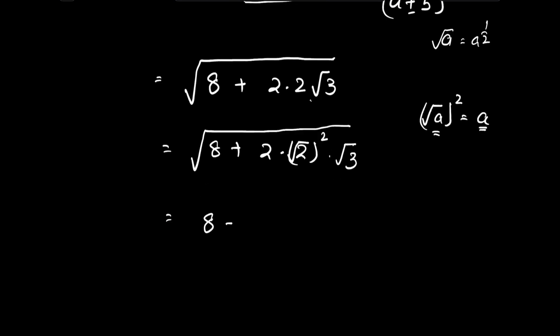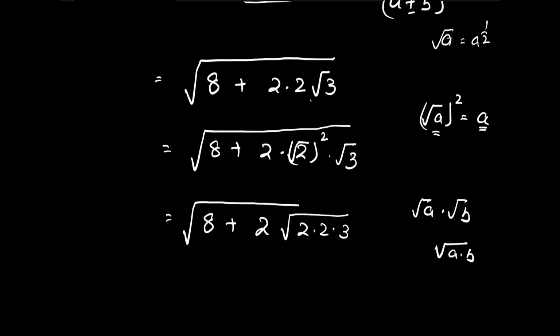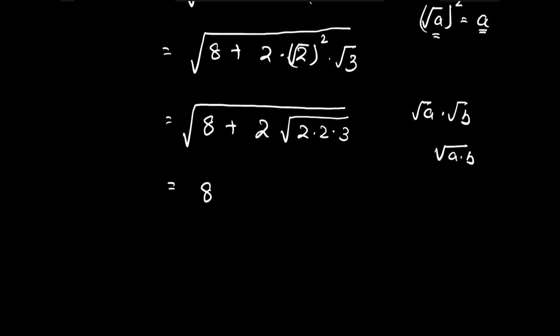Now, square root of a times square root of b, we can write as a times b under square root. So we can write 8 plus 2 times 2 times 3 under square root, then all under square root, or 8 plus 2 times square root of 6 times square root of 2 under square root.